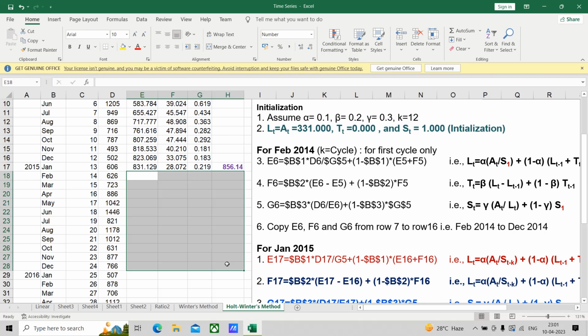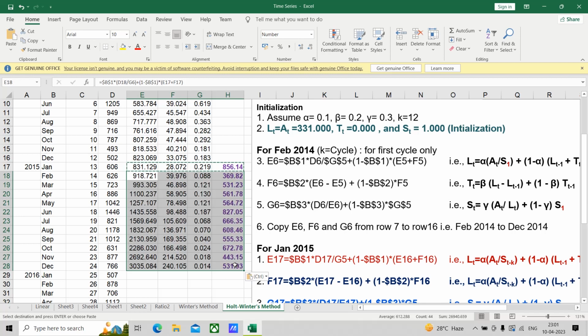Control C to copy it, then put the values from February 2015 to December 2015, Control V. Now these values are calculated.